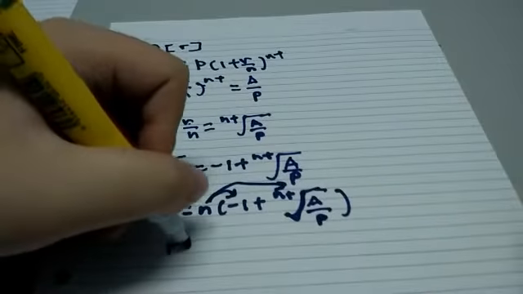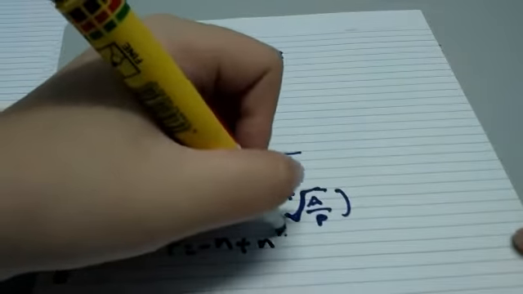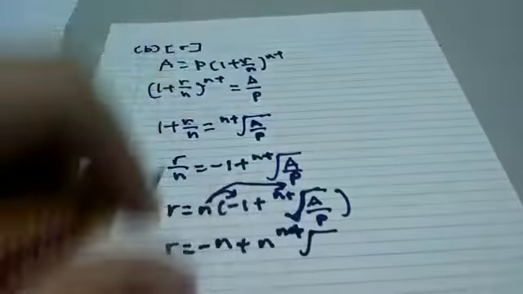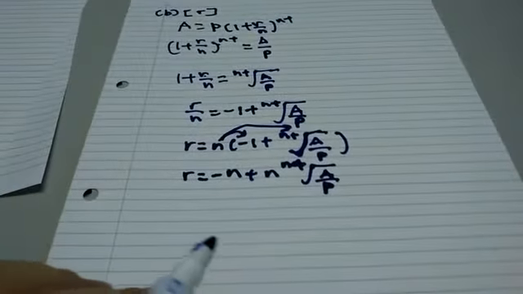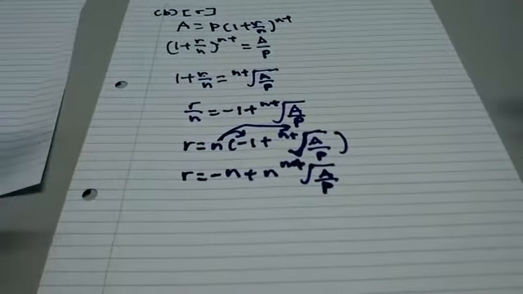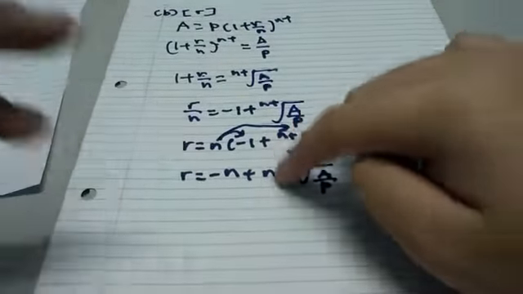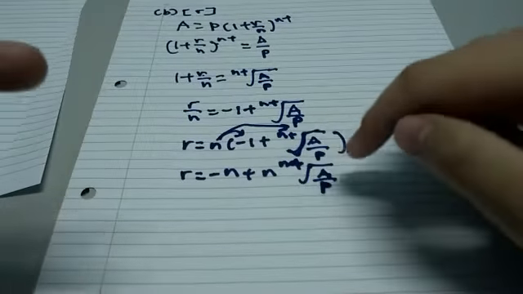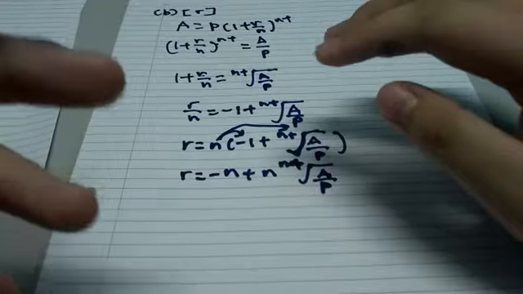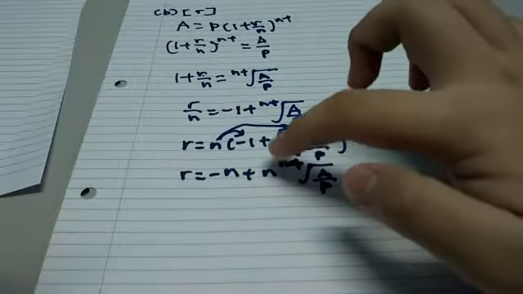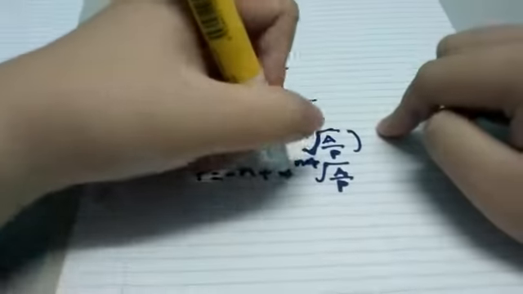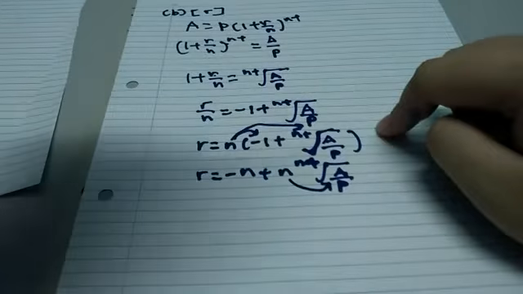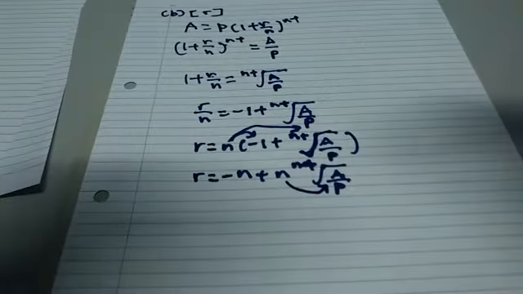So I will get R is equal to -N plus N times the NT root of A over P. Because this is really confusing, you might think of it as N times the NT root of A over P, but somebody may read it as N squared T root of A over P. So to prevent confusion, I'm going to put this N inside the root, expressed in power of NT.